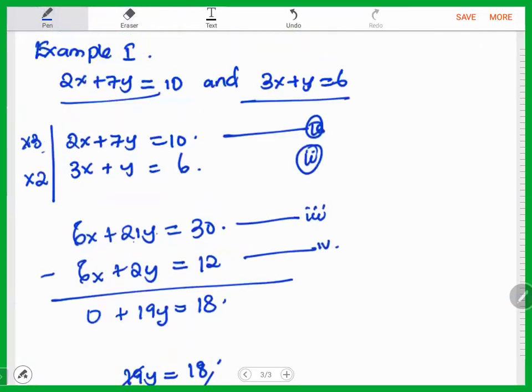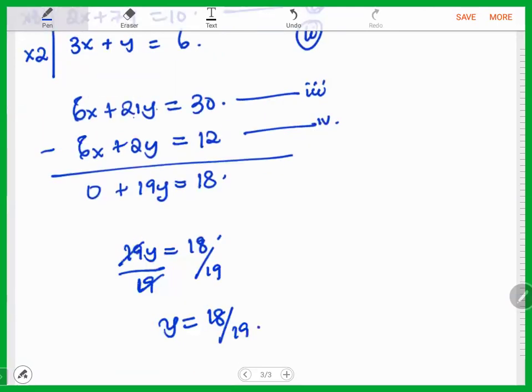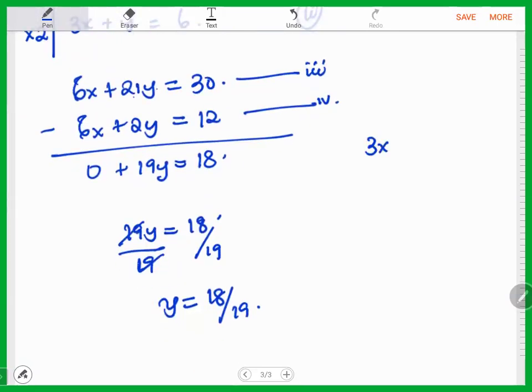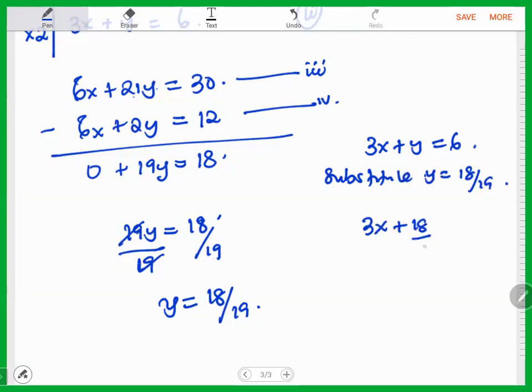So if 3x plus y equals 6, then substitute y equal to 18 over 19. So I have 3x plus 18 over 19 being equal to 6.